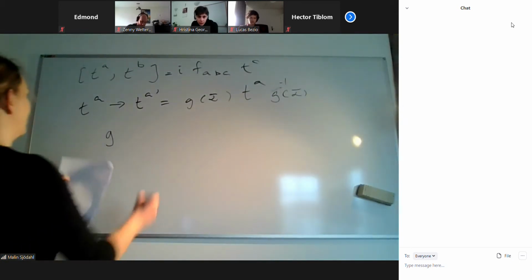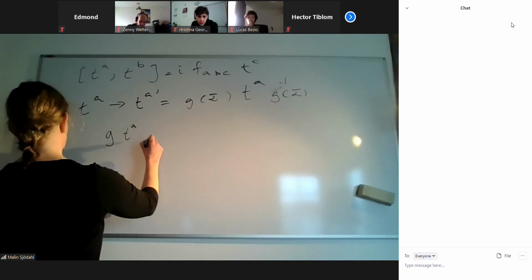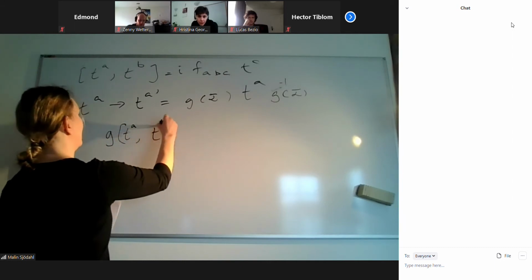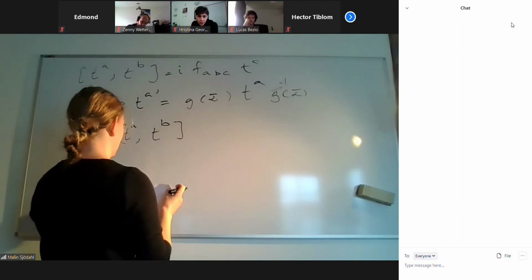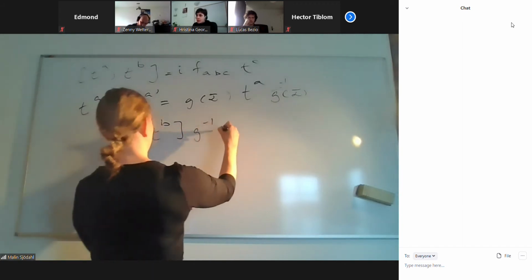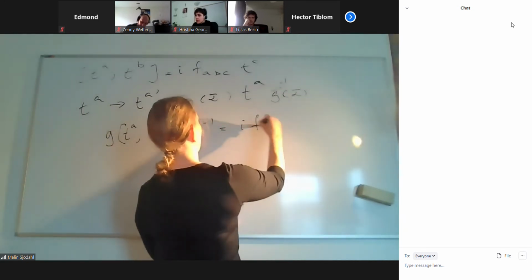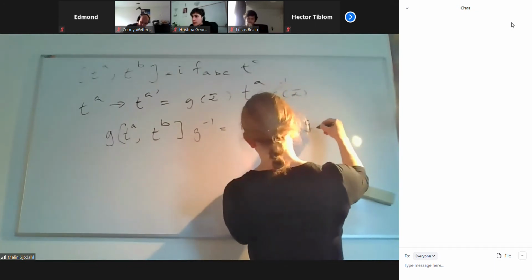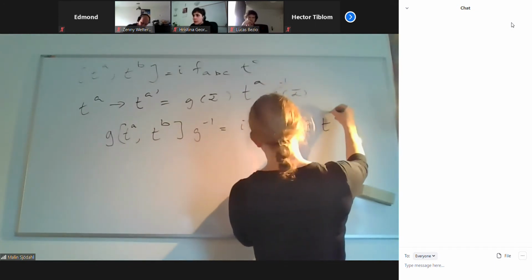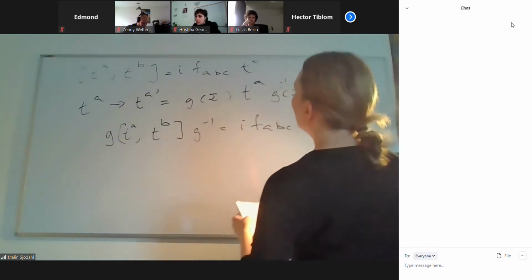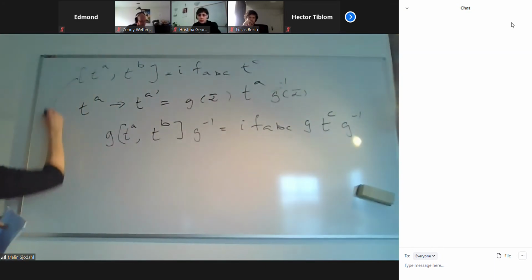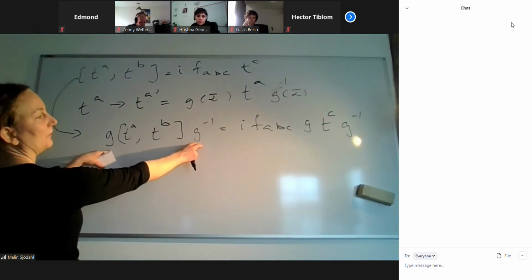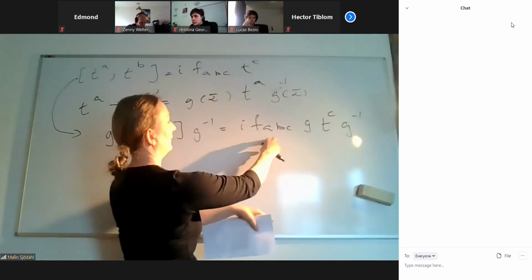So E, PA commuted with PB, E inverse is equal to i f_ABC, constants I just pull out, E PC E inverse. So it is this relation up here multiplied from the left and the right with E and E inverse. And constants I just pulled from here.